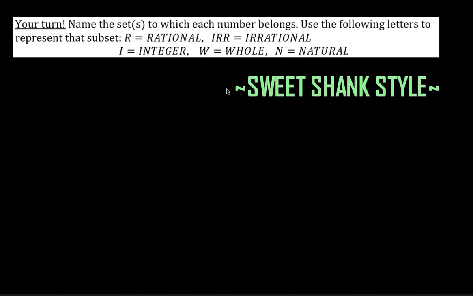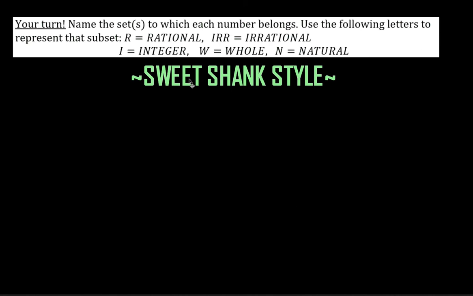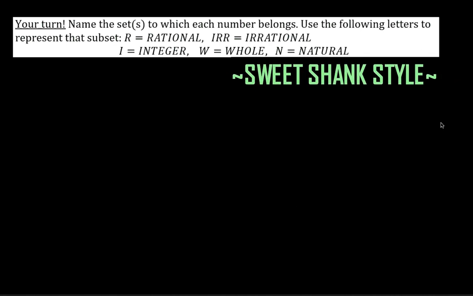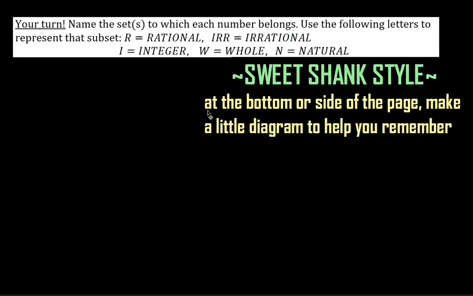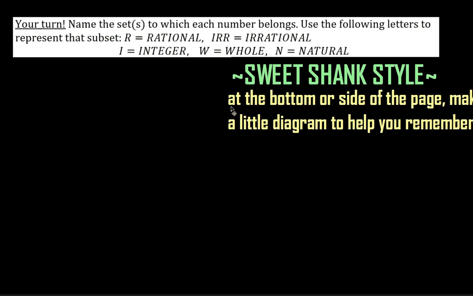To make it a little bit easier, let's pull a little sweet shank style for yourselves. What I want you to do is, at the bottom or the side of your page, make a little diagram to help you remember that real number system. What I usually do is draw this on the board, and you can draw it anywhere on paper. You're going to have these letters RNS, that stands for the real number system. And I draw two little arrows outside of it.